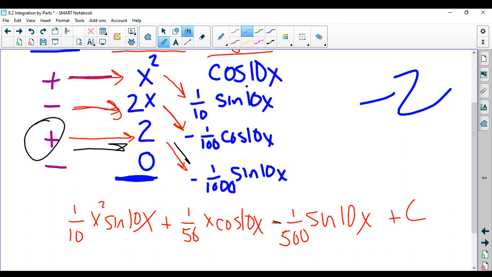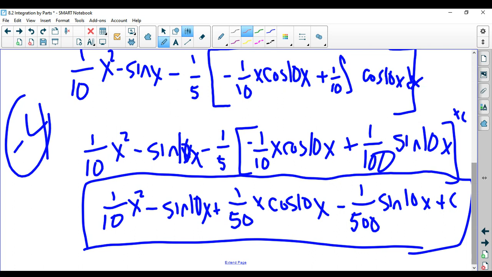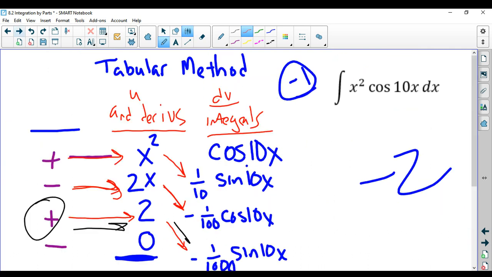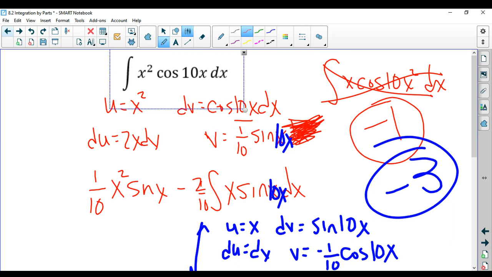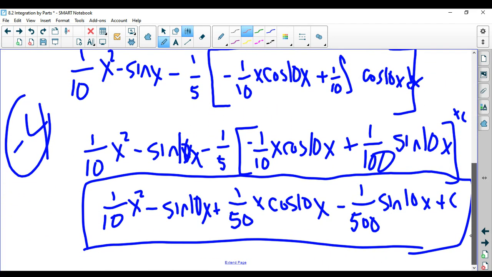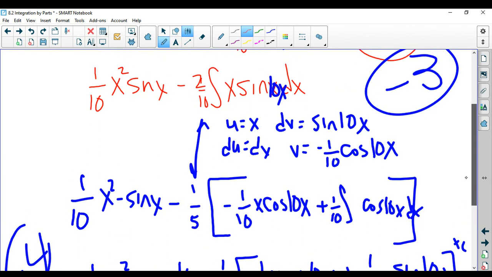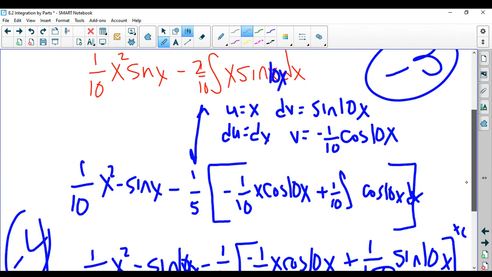Let's compare it to what we got this way. 1/10 x squared. Whoa. Oh my gosh. This was worse than I thought. This is why I do it tabularly.